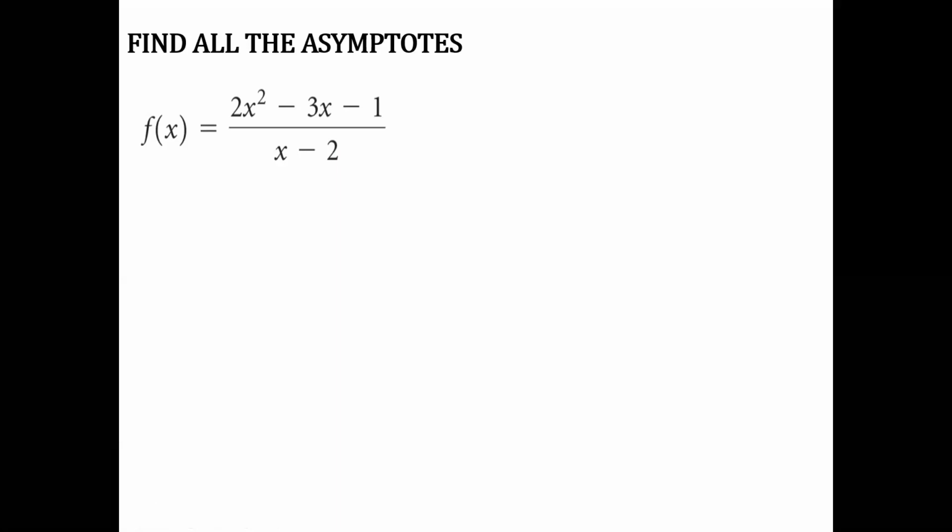So first, let's look for all the asymptotes. Let's have this in factored form. You have x minus 2 in your denominator. The numerator is 2x squared minus 3x minus 1.